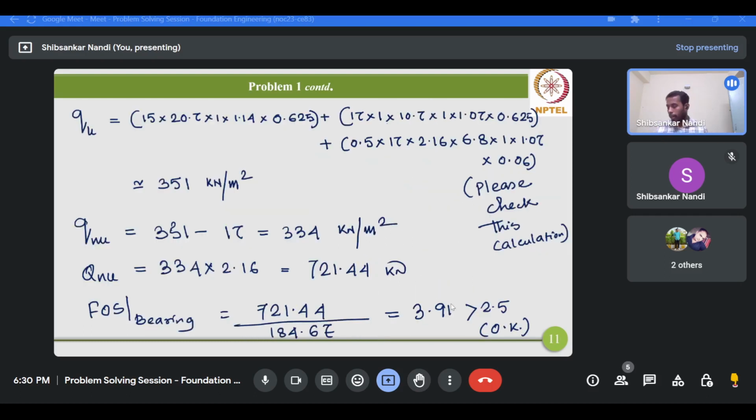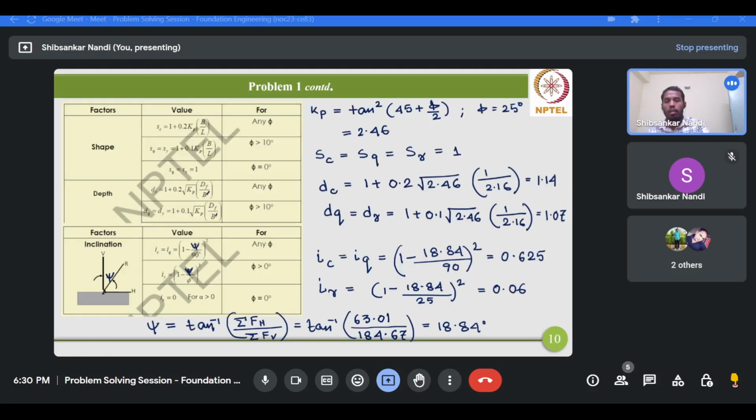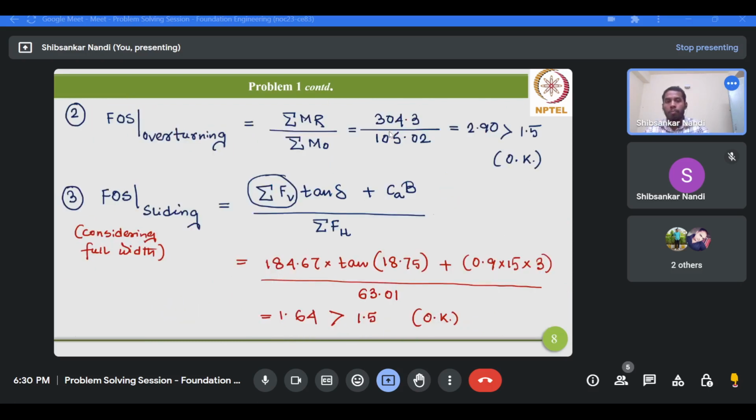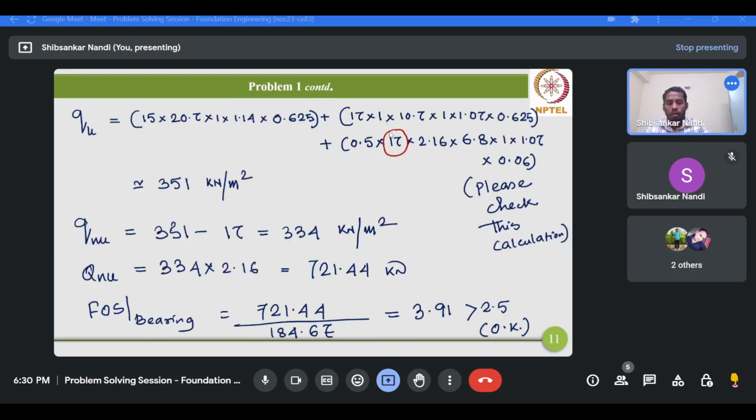Okay, so what I can understand from the calculation, this gamma value, earlier I considered it as 20, because this gamma, oh no, not this gamma, this gamma.